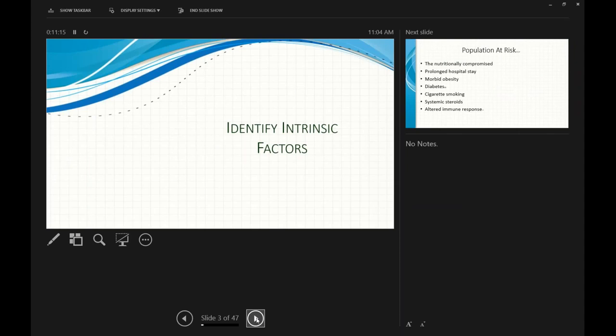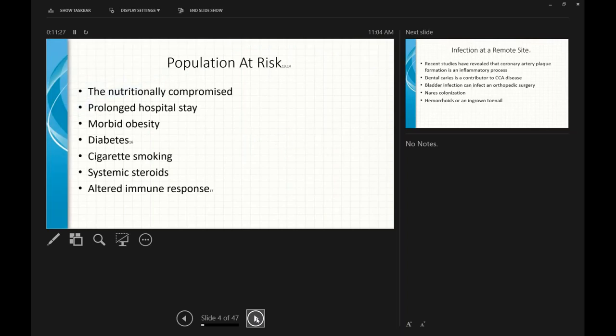So intrinsic factors identify those things that we really don't have any control over in the operating room. These are things that the patients come in with, and sometimes we can identify them before the patient comes in, but usually the patient will arrive with some of these things.